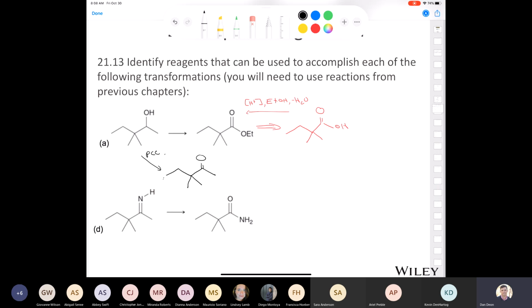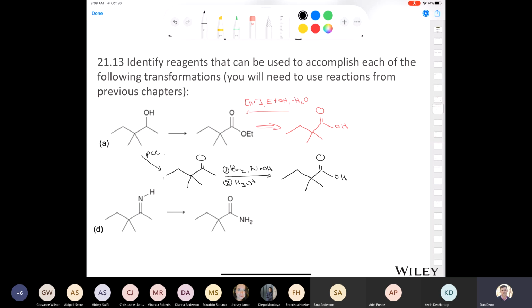And we just learned that we are able to convert a methyl ketone into a carboxylic acid by first treating it with bromine and sodium hydroxide, then following that up with treatment with aqueous acid. And we would end up with that carboxylic acid that we are looking for.